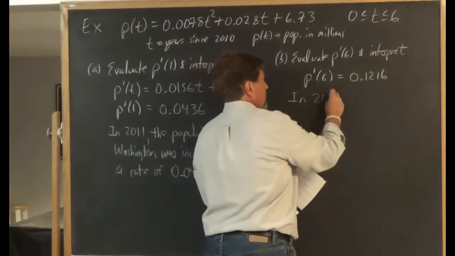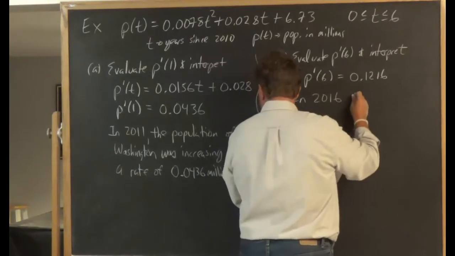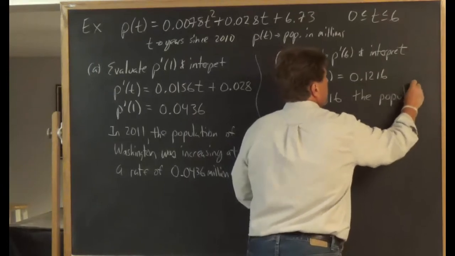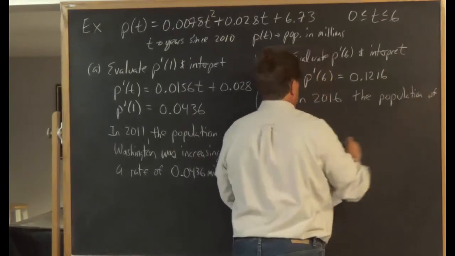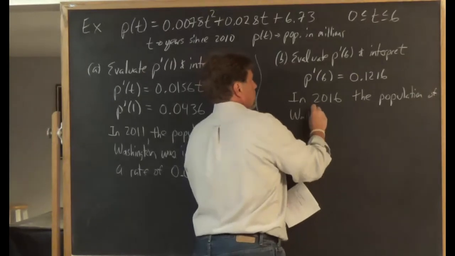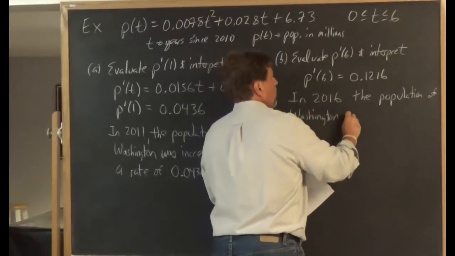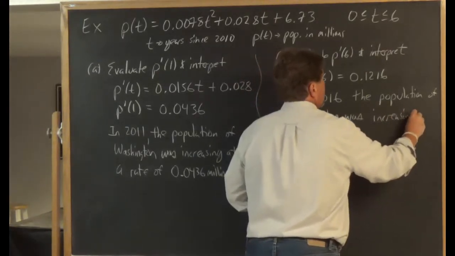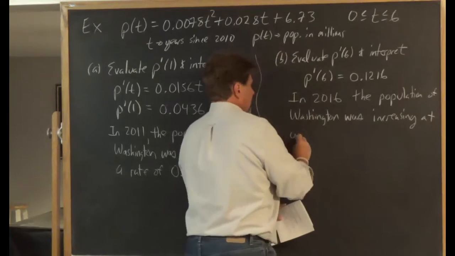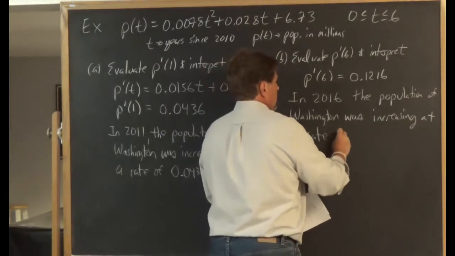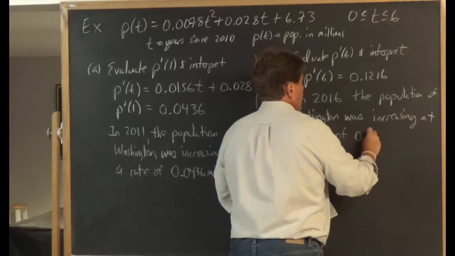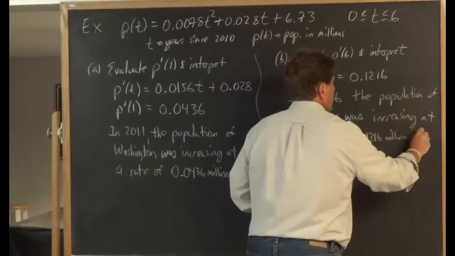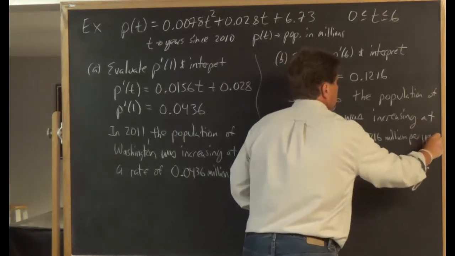So my interpretation is, in 2016, the population of Washington was increasing at a rate of 0.1216 million per year.